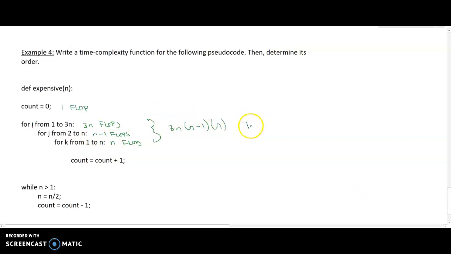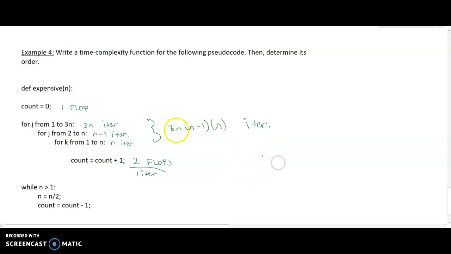No, I shouldn't say flops there. Iterations would have been the better word to use here. Now this down here is telling me I'll have 2 flops per iteration. And since I'm going to have that many iterations, I'm going to have 3n times n minus 1 times n. Let me distribute this and make it a little simpler to look at.